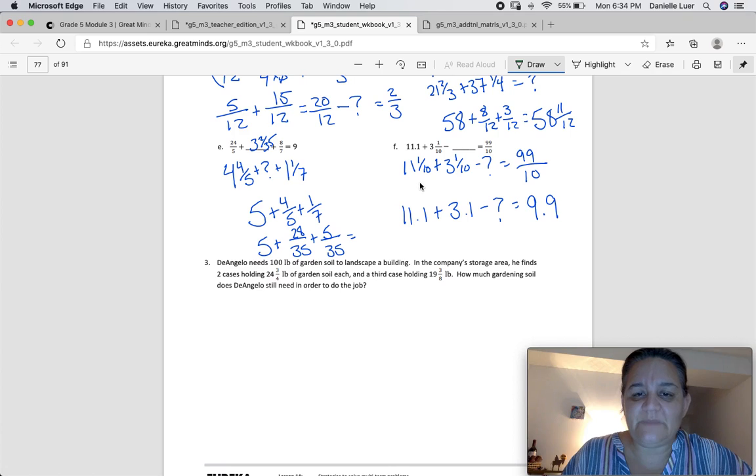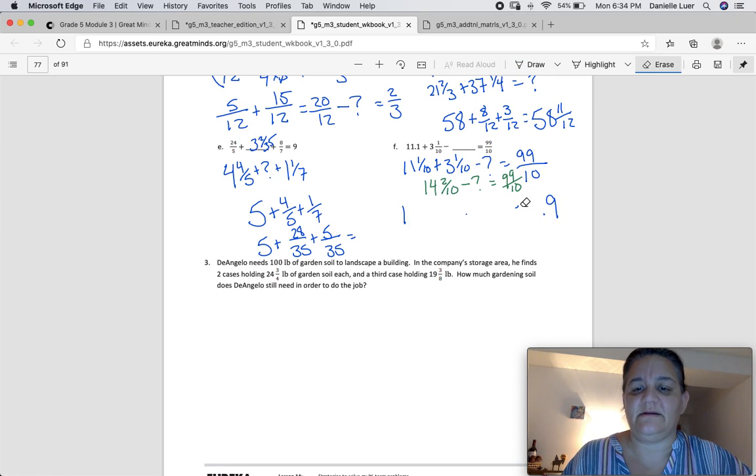11 and 3 is 14, and 1/10 and 1/10 is 2/10, minus something equals 99/10. Okay, here I want to turn that into an improper fraction. So it's tenths, so instead of 14, we're going to call it 142 tenths. So let me erase these decimals for right now.